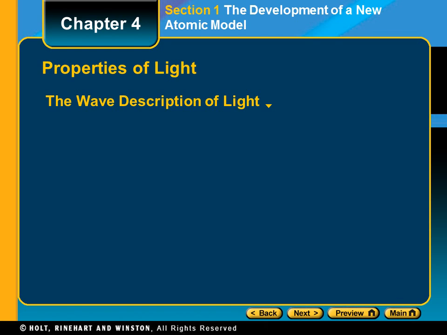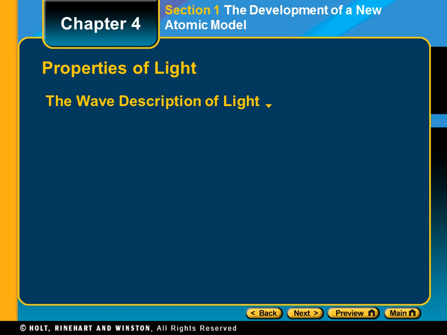In order to get a feel and an understanding for what we're talking about here, we have to start to understand, conceive and work through the concept of light and what light is and the properties of light.